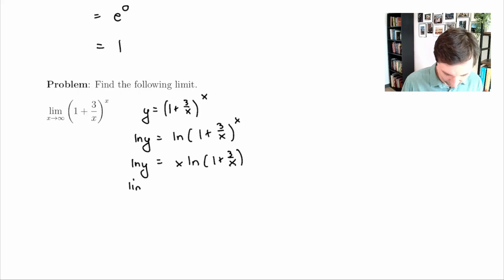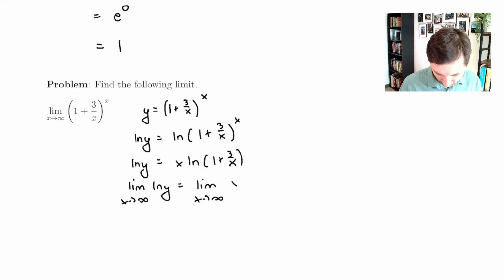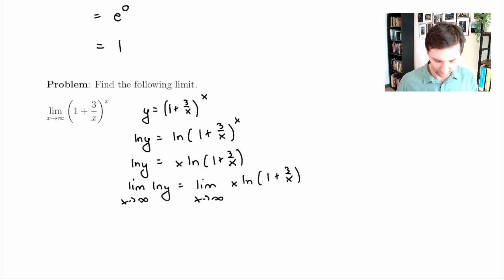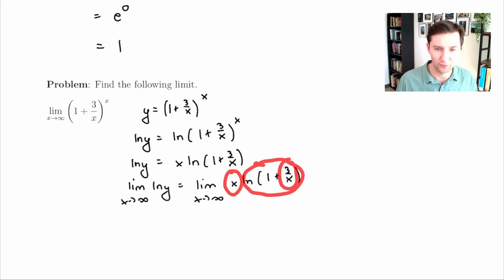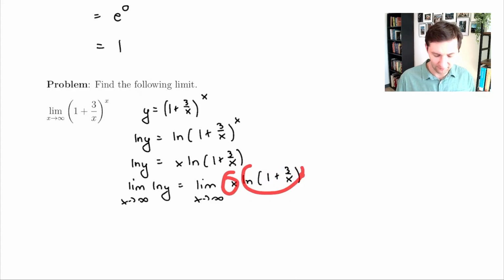So I take the limit as x goes to infinity of ln of y. That will give me the limit as x goes to infinity of the right side, x ln of 1 plus 3 over x. As x goes to infinity, this goes to infinity, and here I get closer and closer to 0, so I get closer and closer to ln of 1, and ln of 1 is 0. So this is of the form infinity times 0, indeterminate form.